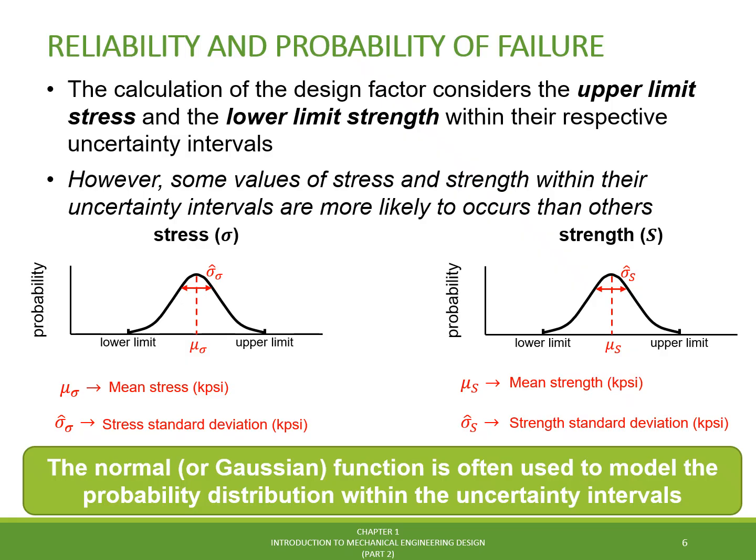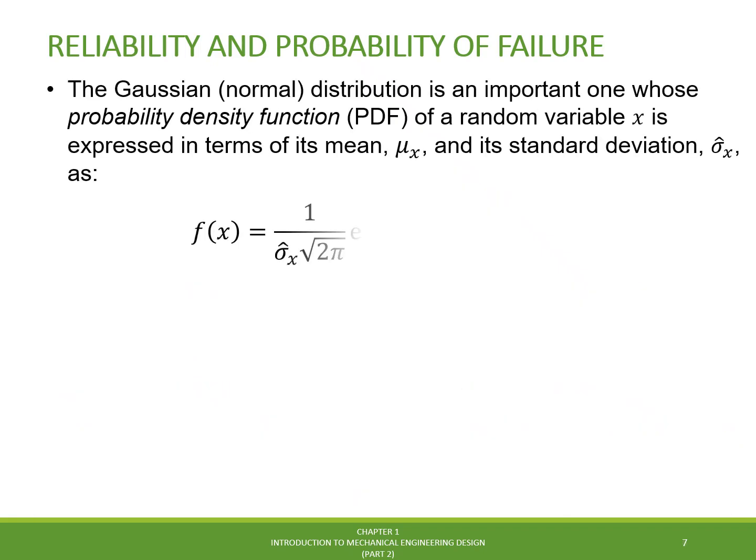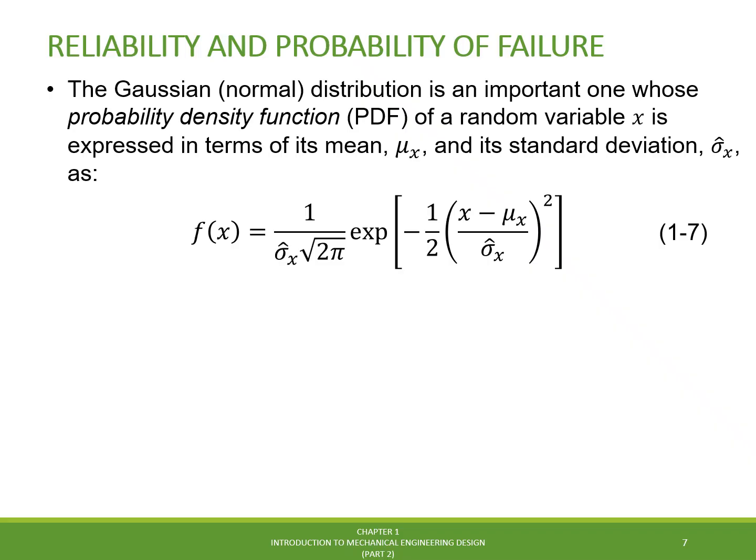If you're going to use the Gaussian or the normal distribution function to model uncertainties for any random variable, in this case for the stress applied to a mechanical component or the strength of that mechanical component, then we need to define the equation that defines that bell-shaped curve, which is given by equation 1.7.